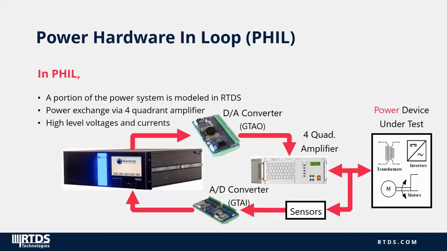This four-quadrant amplifier is necessary so that we can have the proper power exchange between the power device under test and the RTDS simulator. Also, since the device that we're interfacing here is a power device, these devices will typically require higher levels of voltages and currents to be output from the amplifier compared to the previous scenario we showed in the control hardware in the loop test setup.